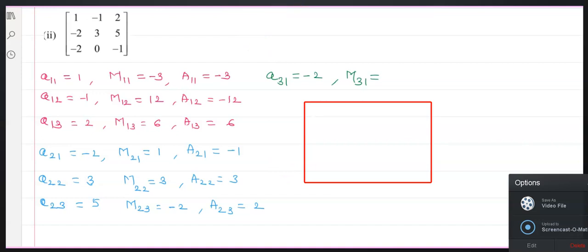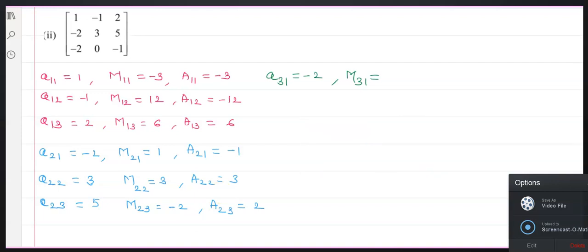The first will be plus, second minus, again this is plus. Next element is again minus, here is plus, and again here is minus. What about the last? This is plus, that element, and again this is minus, and it is plus, if you want to find the direct answer.